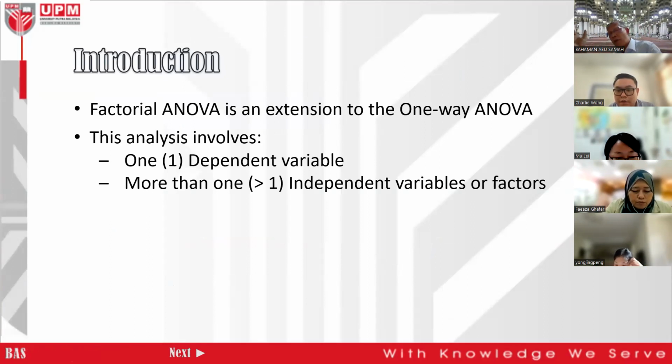But if you go for MANOVA, I mean multivariate analysis of variance, that one you can go for more than one DV. But if you go for factorial ANOVA, the DV is only one, limited to only one. And your IV can be more than one, can be 2, can be 3, or whatever the number of factors that you are interested to test in the factorial ANOVA.